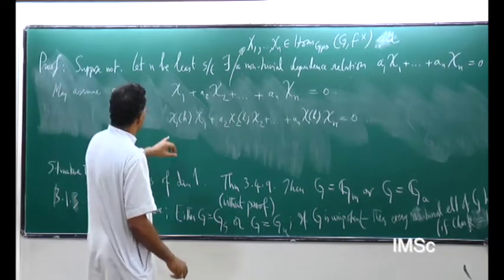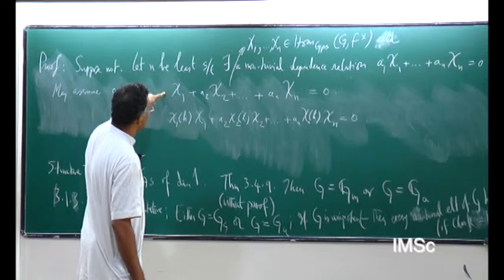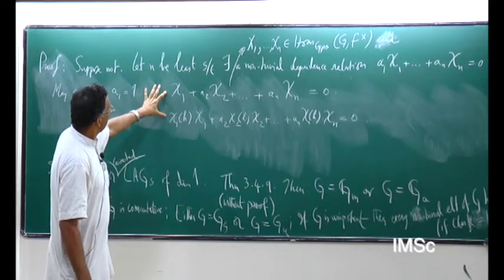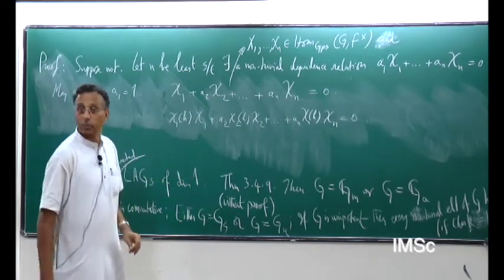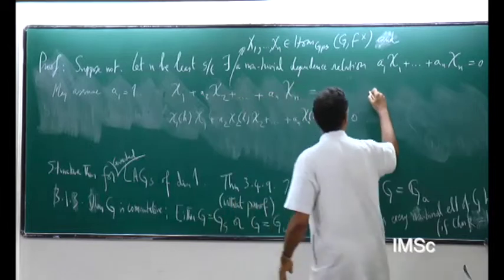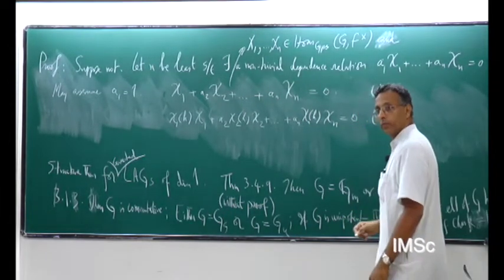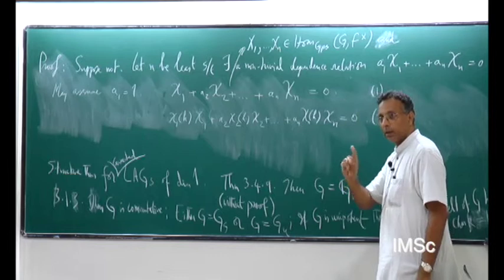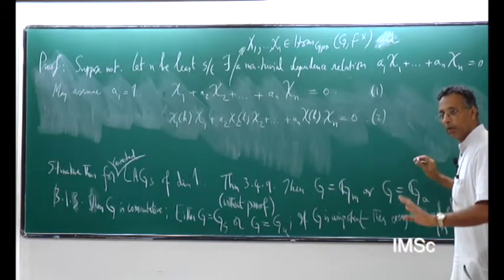Now you have two things. So I can multiply this by chi1h and subtract. Take star as equation 1 and this as equation 2.